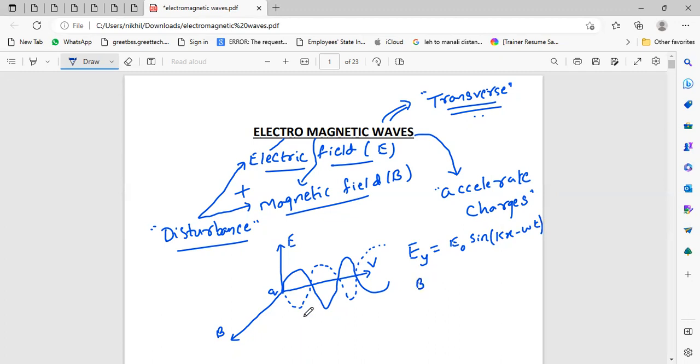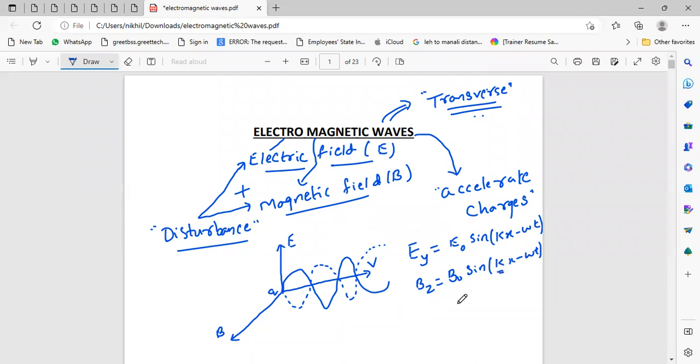And the magnetic field applied along the z-axis is given by B naught into sin(kx minus omega t). The magnetic field is along the z-axis, but the wave is still moving along the x-axis, so kx minus omega t. E naught is the maximum electric field, called the peak value. B naught is the maximum magnetic field, called the peak magnetic field. Clear? These are the two equations of the electromagnetic wave, the electric field and the magnetic field.